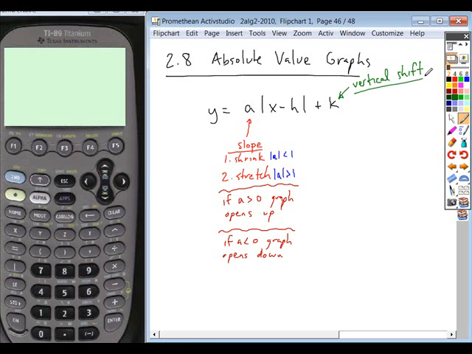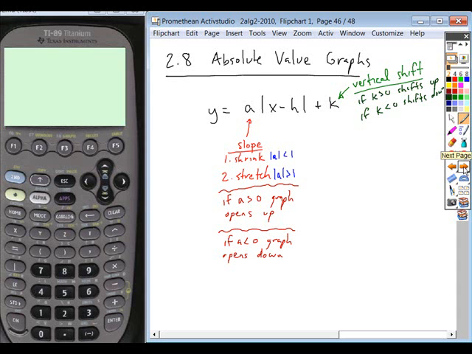And so when you're looking at this vertical shift, if k is positive, it shifts up. And if k is negative, it shifts down. And it'll shift that many units, whatever the value of k is. So the part that falls outside of the absolute values is what's going to present your vertical shift.